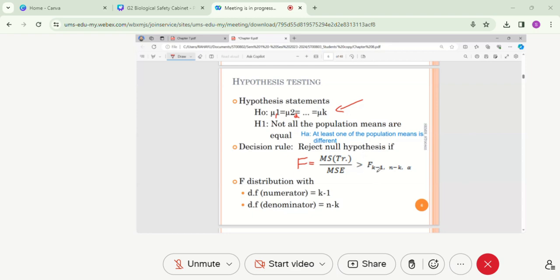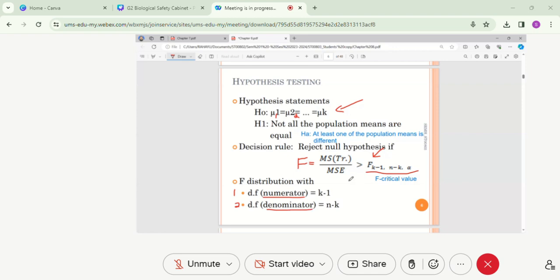When I say F critical value, you need to get the value from the F probability distribution table. You can get it based on two degrees of freedom. The first is the degrees of freedom for the numerator, and the second is the degrees of freedom for the denominator.